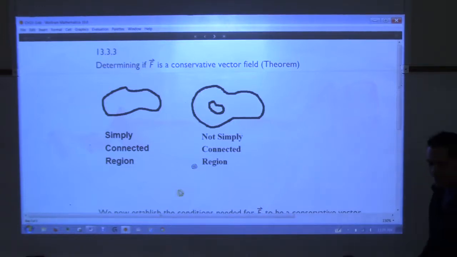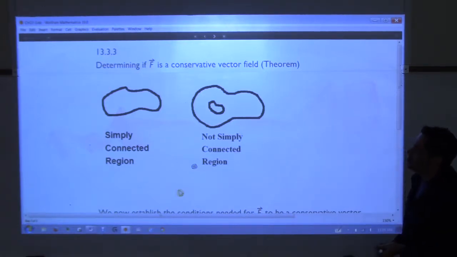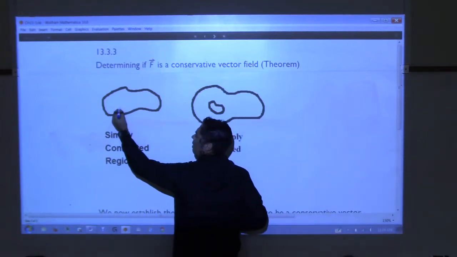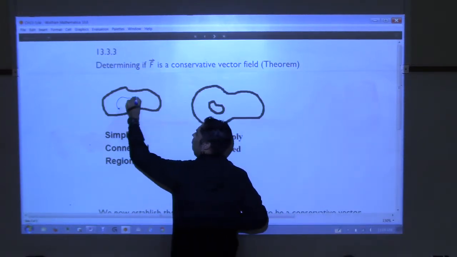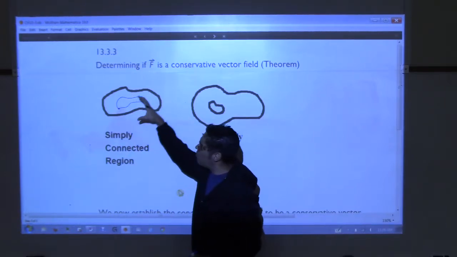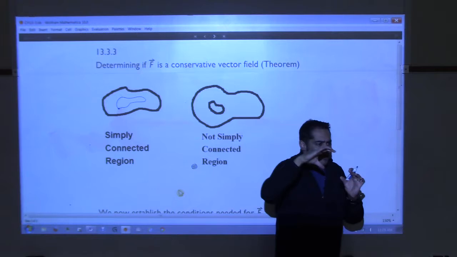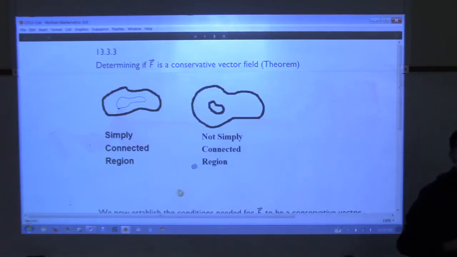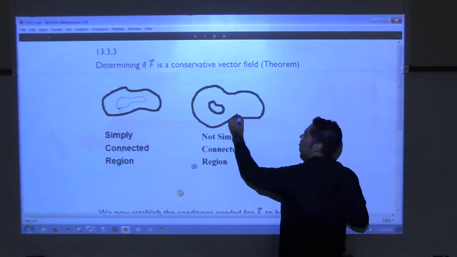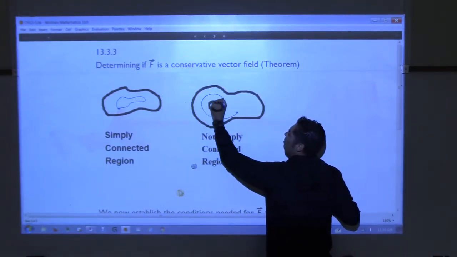There's a hole? Yeah. Here's a more technical way of thinking about it. If I go into this region and I draw a closed loop, can I shrink everything down to a single point? Imagine that's a rubber band. Can I shrink everything down to one point and not leave the region? Compare that to if I drew a curve around the hole.